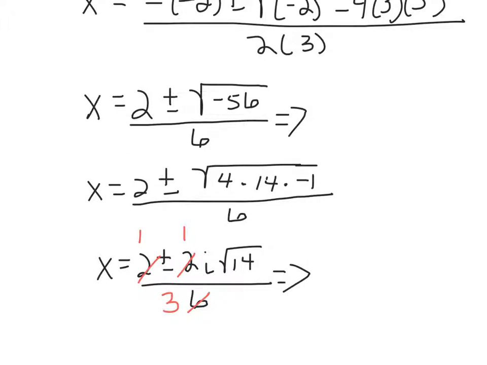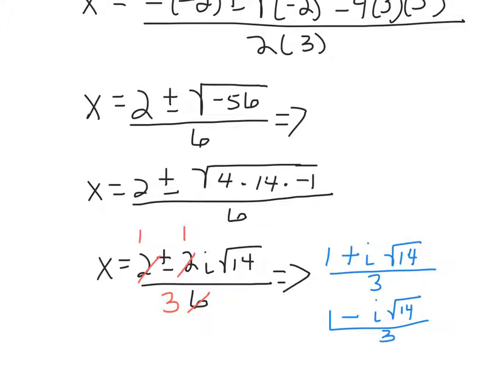So my final answer is going to be 1 plus i root 14 over 3, and 1 minus i root 14 over 3. And that's my final answer. Those are the two roots. Those are the two solutions for x using the quadratic formula.